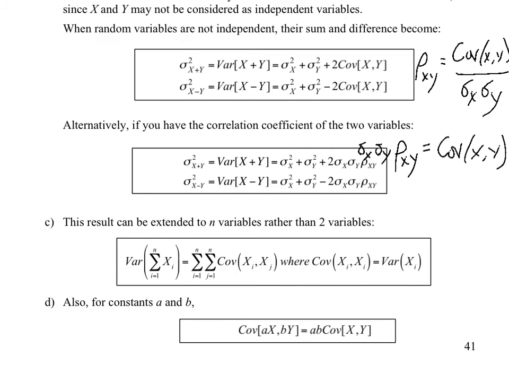In general, we should be able to extend this pattern for more than 2 variables. If we were to sum or subtract a number of variables, this is if we wanted the variance of the sum, let's say, of many variables, then this would be equivalent to this. Now, what the heck is this?